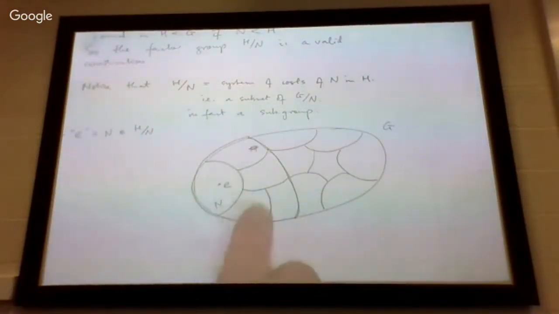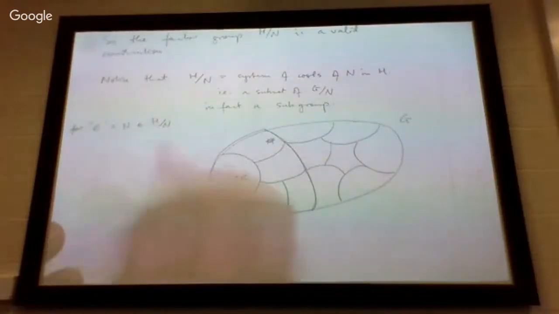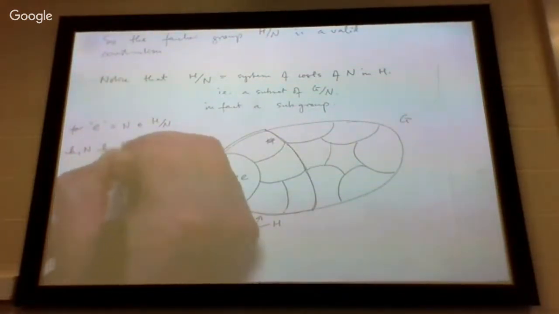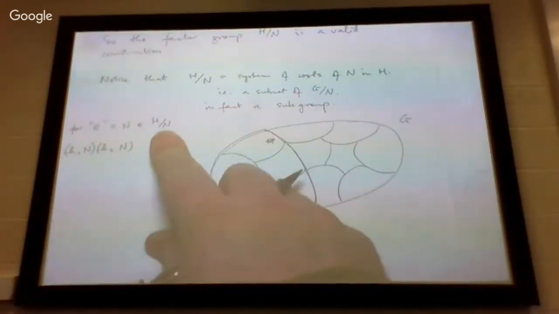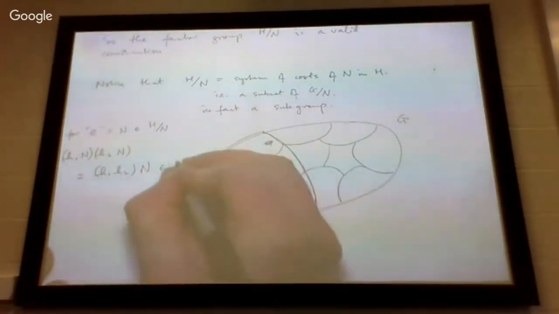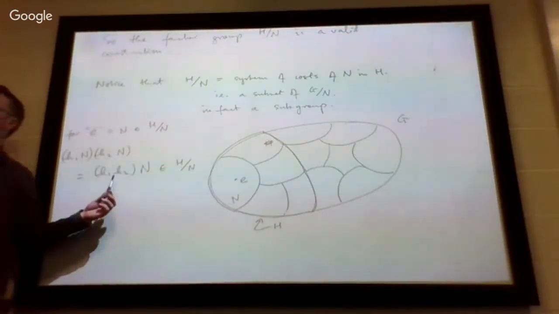It's within H, because we're assuming that N is a subgroup of H. So the identity is there, and if you multiply together two elements of this, by definition, this is h1 h2 N. But of course, that's still an element of the factor group H mod N, because h1 h2 is in H, because H is a subgroup.